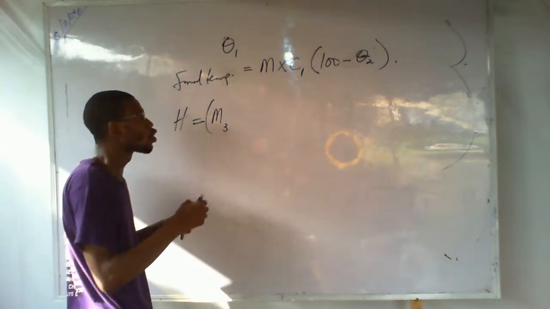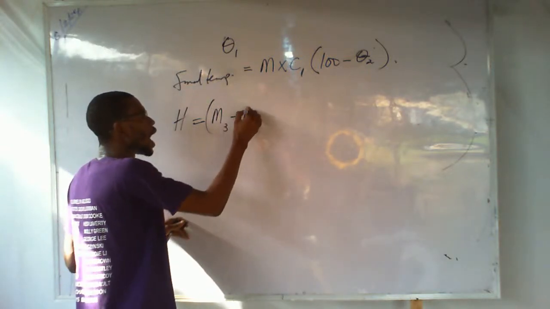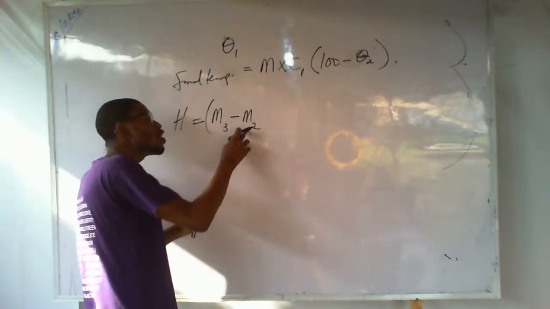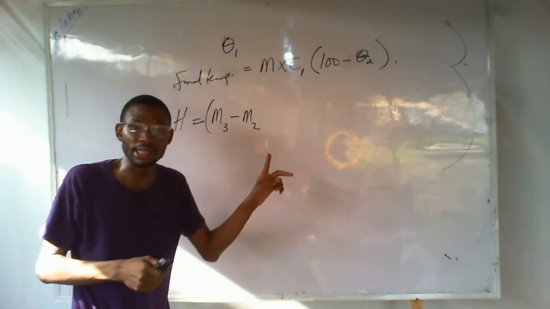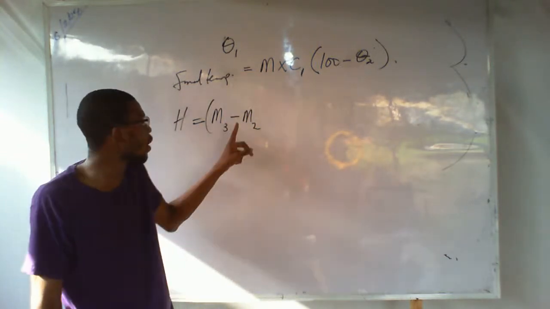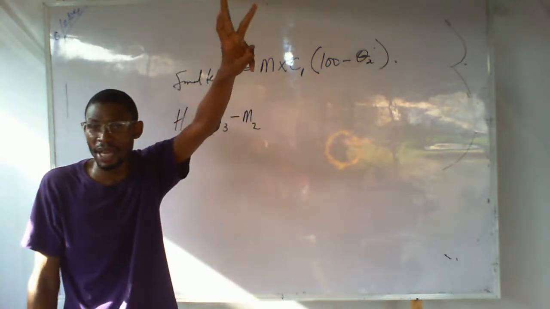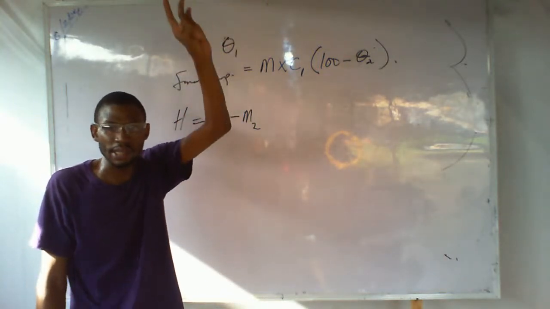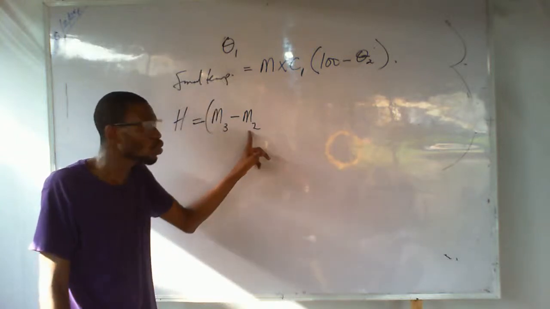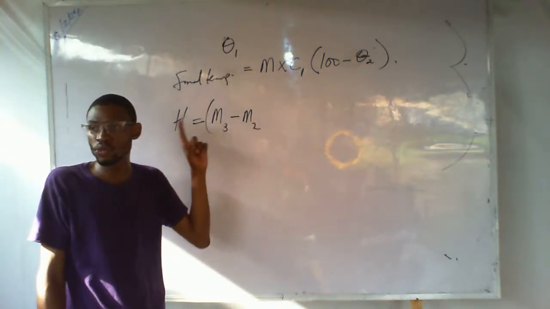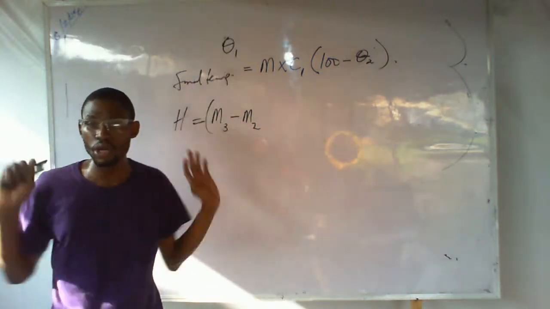If I remove the mass of the calorimeter and stirrer, M3 is the three of them: total mass of calorimeter, stirrer, and water. M2 is just calorimeter and stirrer. If I remove this one from this one, it will give me the mass of water only.